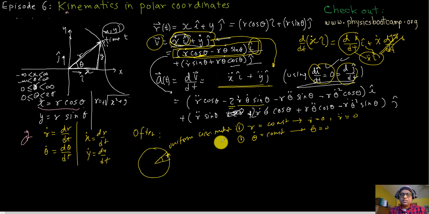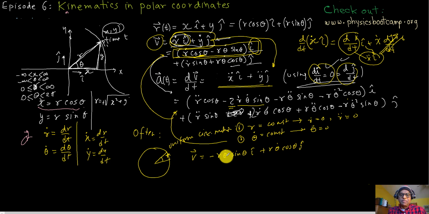So if you put these conditions in these guys, then the velocity will simply become, you can see r dot is 0, it's going to be minus r theta dot sine theta i hat plus r theta dot cosine theta j hat. But r sine theta, so you can write in a mixed one, a very nice way.